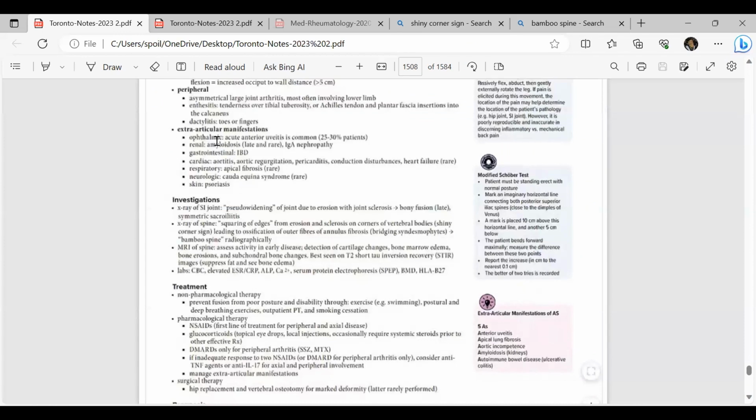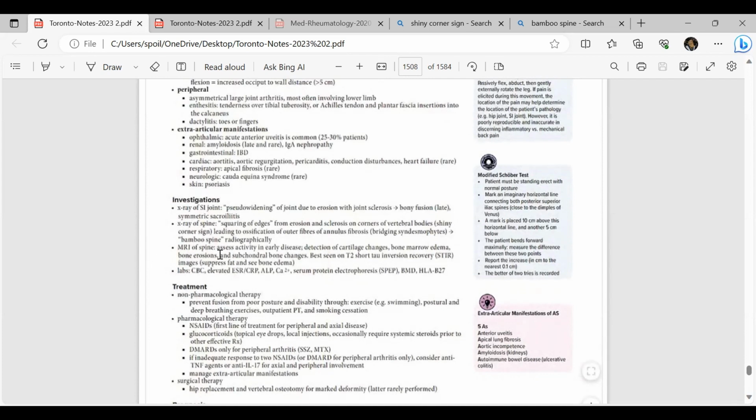So the main important points here are that we see the shiny corner sign, and then bamboo spine we will see, and squaring of the edges will be seen.